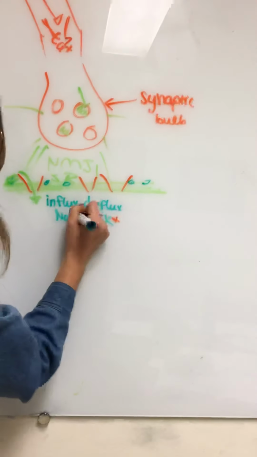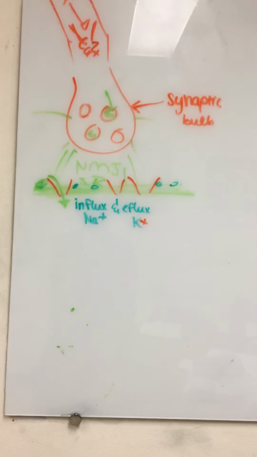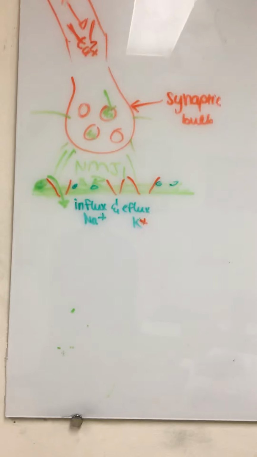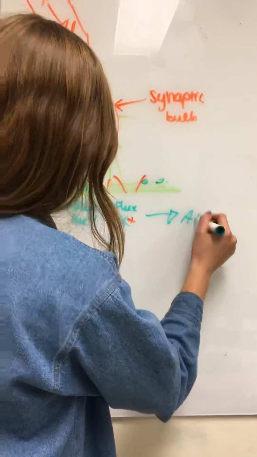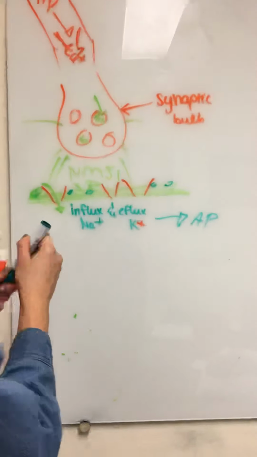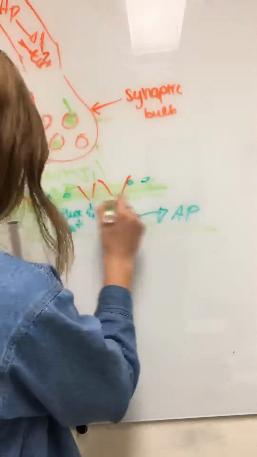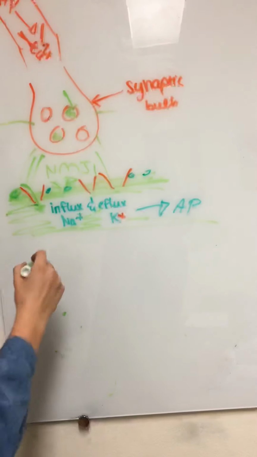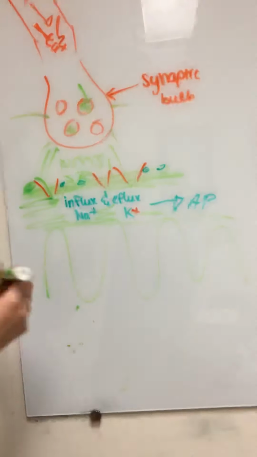Okay. And then once the influx of sodium and potassium propagates, that creates another action potential. And so we're still on the sarcoplasmic reticulum. So this is all the sarcoplasmic reticulum. And then let's see how I draw this.